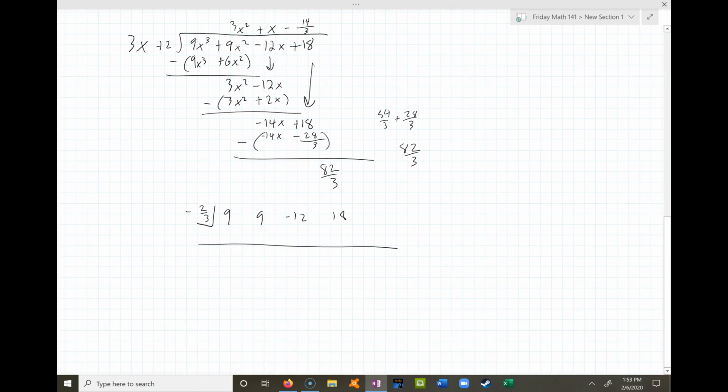But now watch what happens. When I drop the 9, negative 2/3 times 9, the 3 and the 9 will cancel, leaving a 3, so that'd be negative 6. Negative 6 plus 9 is 3. Negative 2/3 times 3 would be negative 2. Negative 12 plus negative 2 would be negative 14.